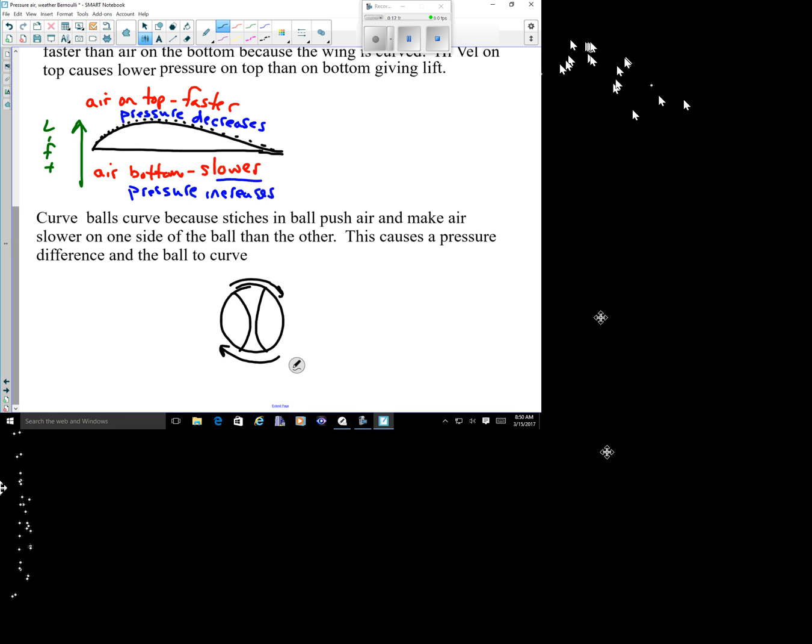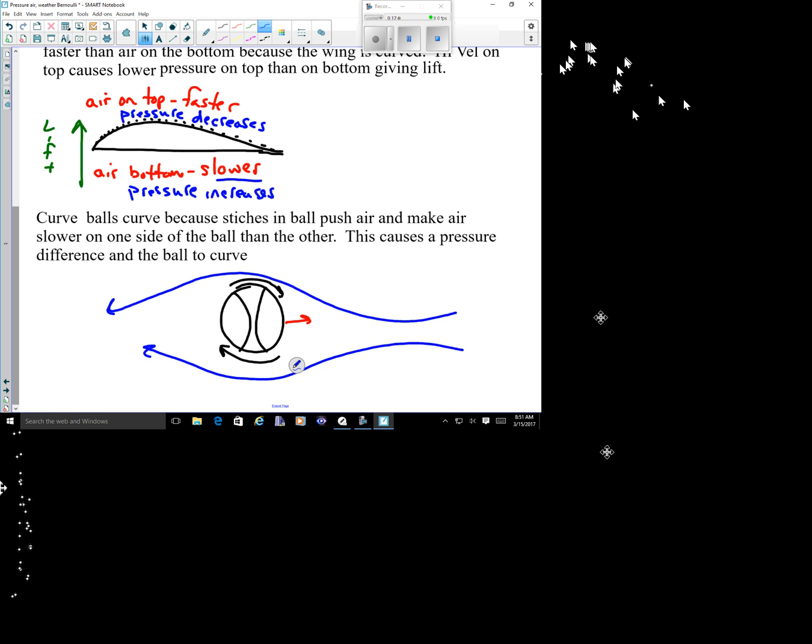And as he spins the ball, it's rotating here clockwise, but the ball is going this way. And so the air goes over top of it, up here like so, and it also goes on the bottom like so. If you notice, the threads are going to push the air backwards on top.